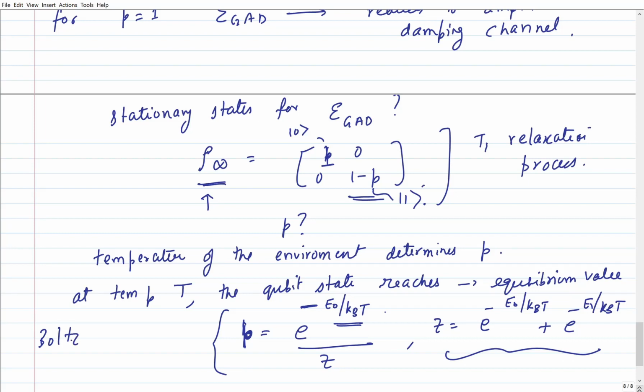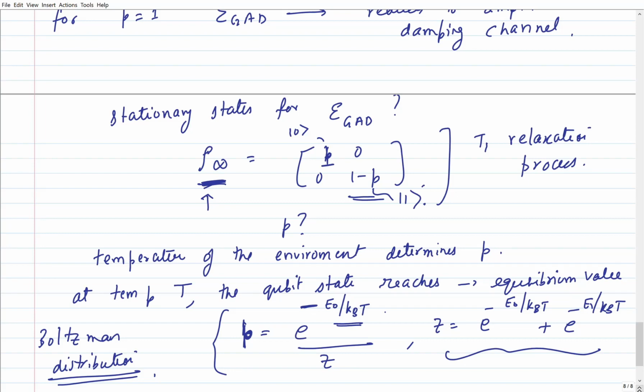So this is the Boltzmann distribution. That is what determines the value of the equilibrium distribution.